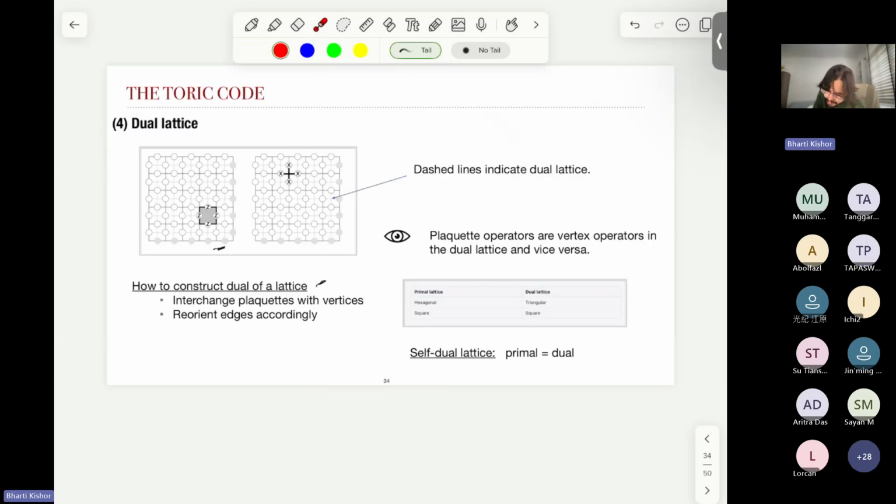So we talked about all these plaquette generators and vertex generators, and we said the number of independent plaquette generators is L squared minus one. You can do a similar calculation for the X operators by looking at our vertex generators, using something called a dual lattice. Given any lattice, you can define a dual lattice.